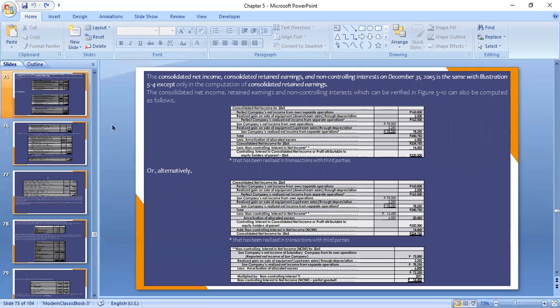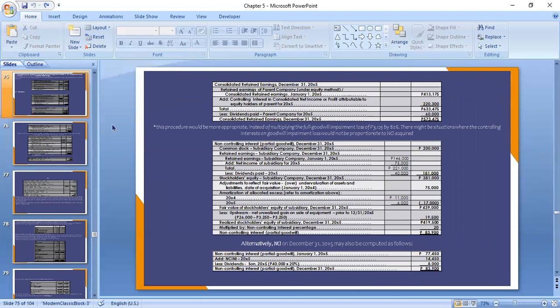And so the consolidated net income, consolidated retained earnings, and non-controlling interest at the end of 20x5 is the same as the illustration 5.4, except only in the computation of consolidated retained earnings. So we already have this in 5-4.